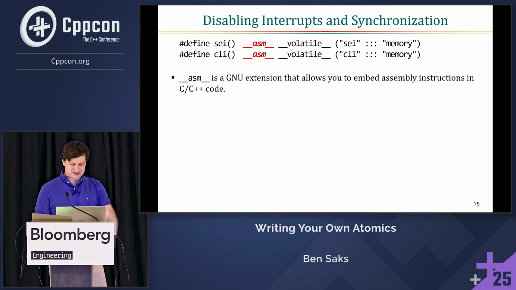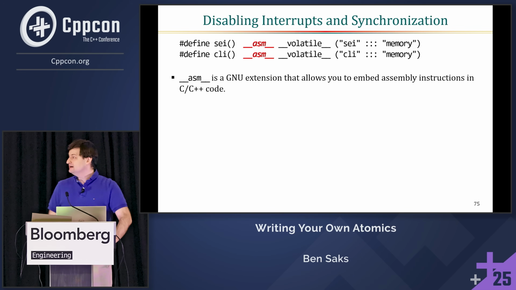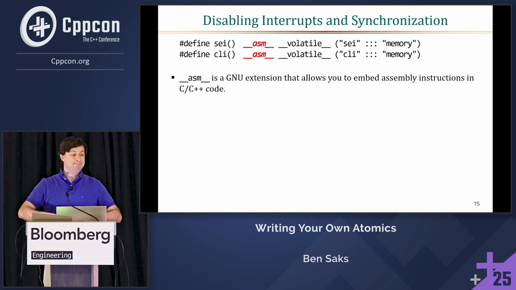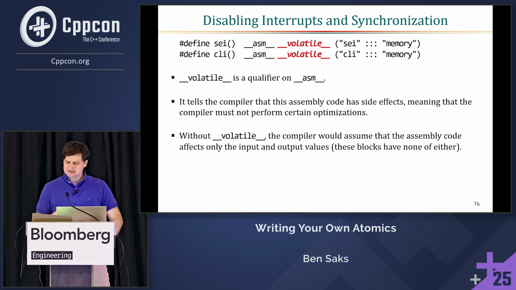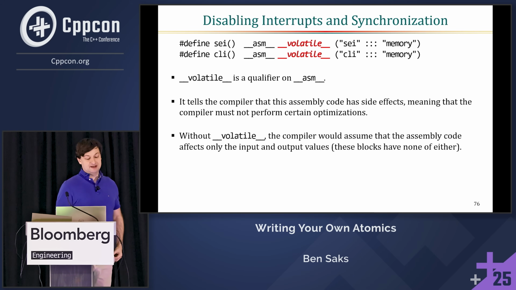So what exactly are these macros doing? Well, the __asm__ is a GNU extension that lets us embed blocks of assembly code into our C and C++ code. The __volatile__ is a qualifier that goes on those assembly blocks.